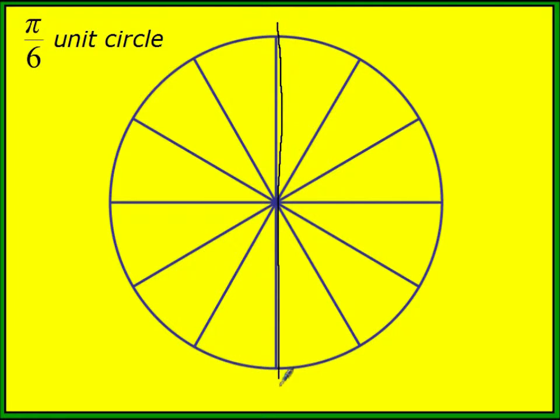So think of an x and y axis going through the center of that circle. To move to the right 1 unit would put us at that first position of our unit circle. Erase that xy axis, and so again we're starting right here. That's our 0 radian and 0 degree angle.